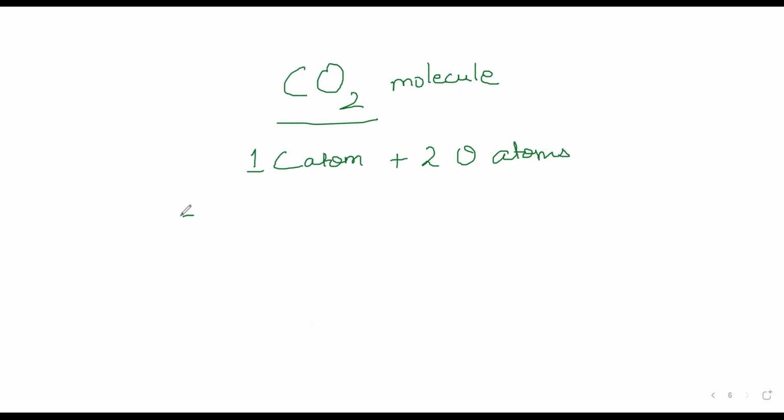So if I take 5 molecules of carbon dioxide, tell me something, is it going to be visible to the naked eye? The answer is no, because we are dealing at a very microscopic level. We have only taken 5 molecules.